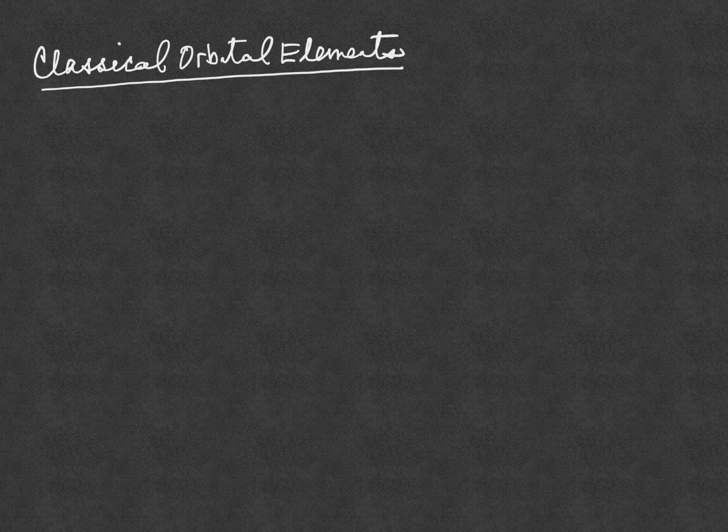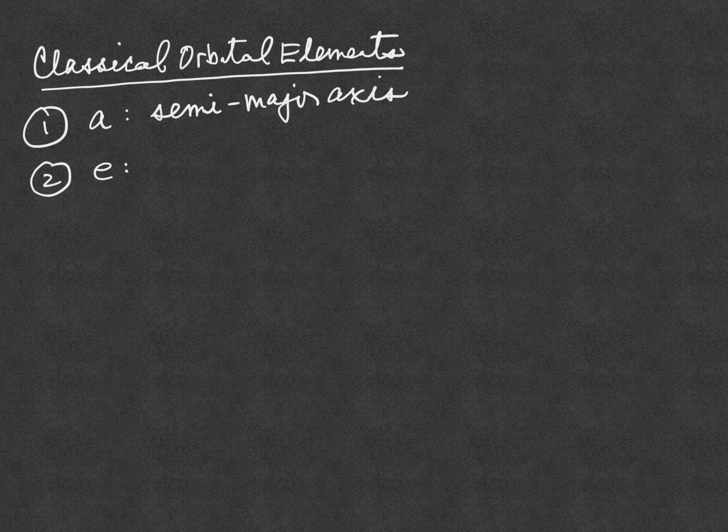The first one is what's called the semi-major axis, which some of these we've already developed earlier, but we have to go through all 6 of them because they all kind of work together. The second one is what's called the eccentricity.